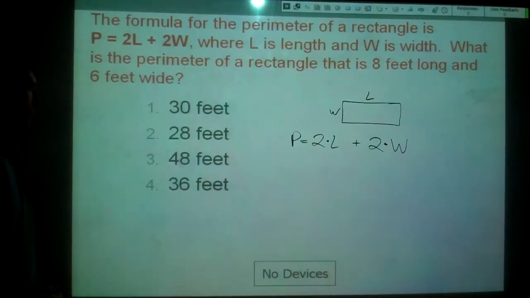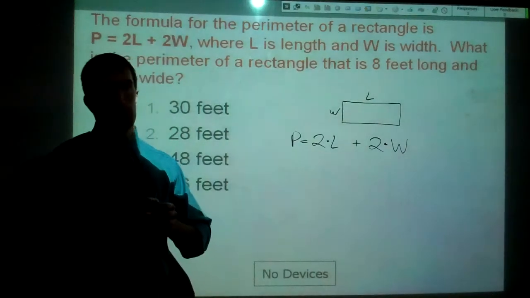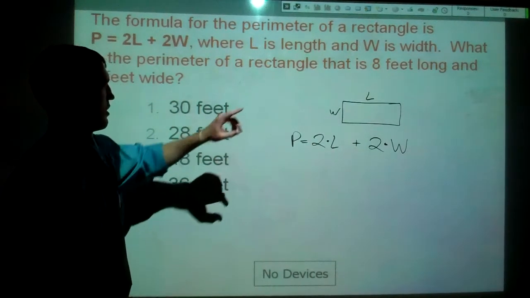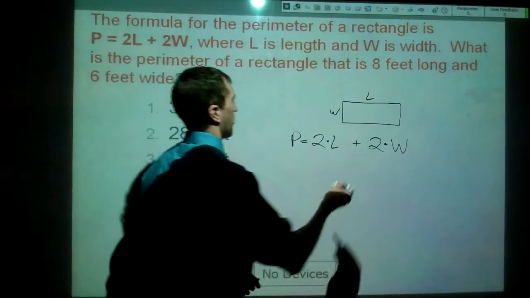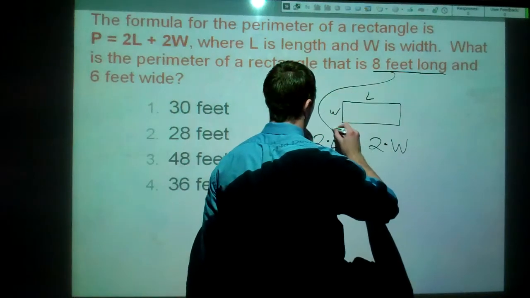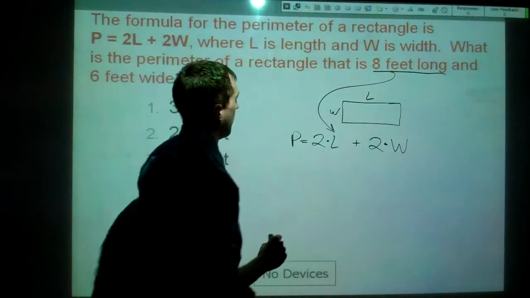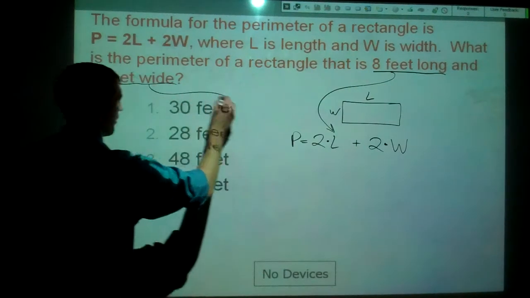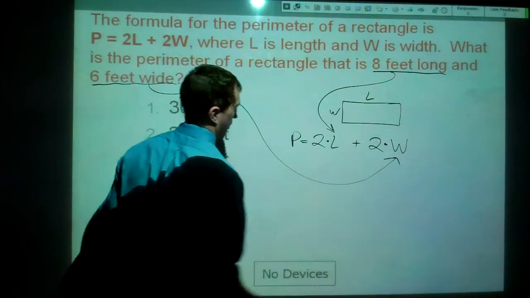Okay? Well, this is definitely an evaluation problem because we are given the values to put in. So I'm going to put in 8 for length here. That's going in for length. And 6 feet wide. That's going in right there.